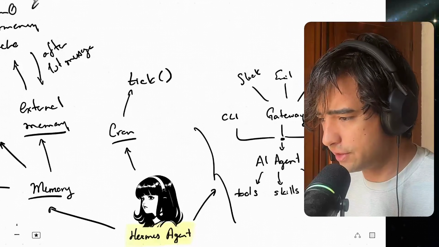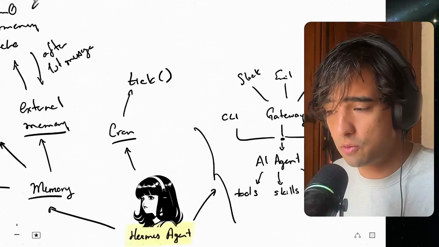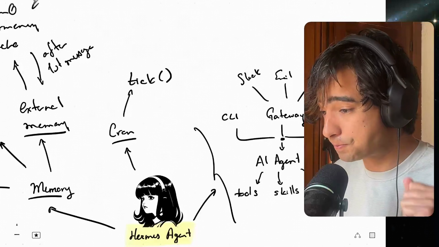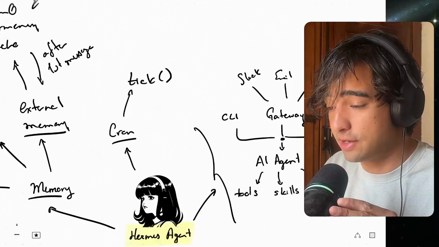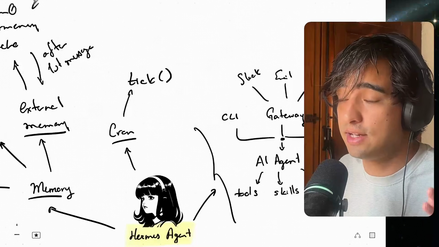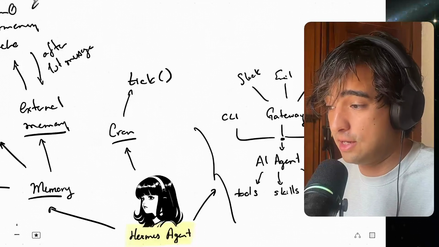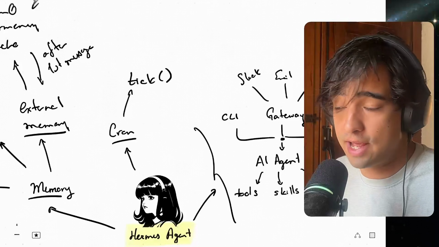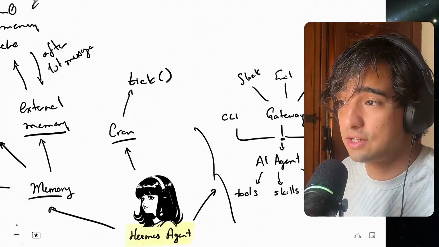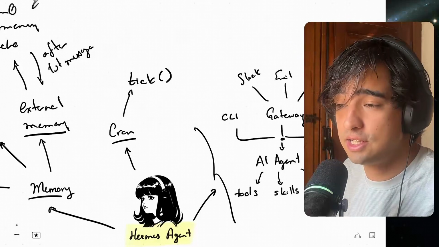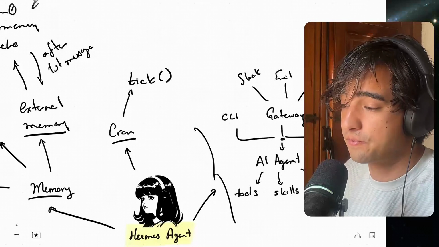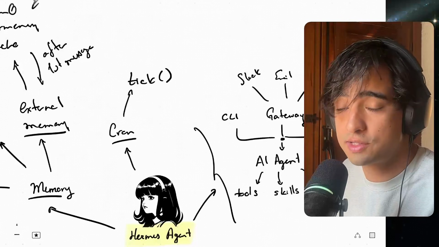And before I go any further, just in case you don't know what cron jobs are in Hermes, cron jobs are what allow you to tell your Hermes agent things like, okay, every morning send me an email with the latest news on AI, or every day send an email or a message on Slack to my community telling them about the new developments in AI, or every Friday send an email to my boss telling them about this.